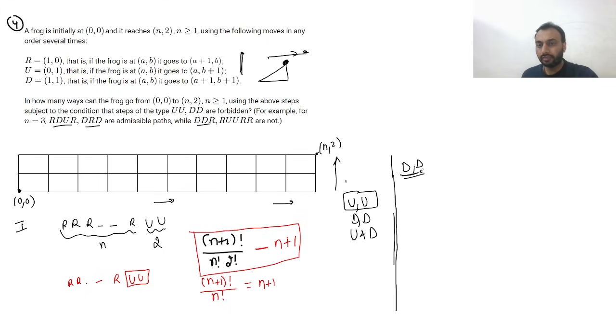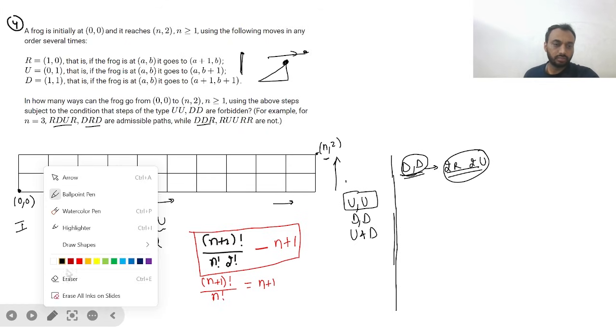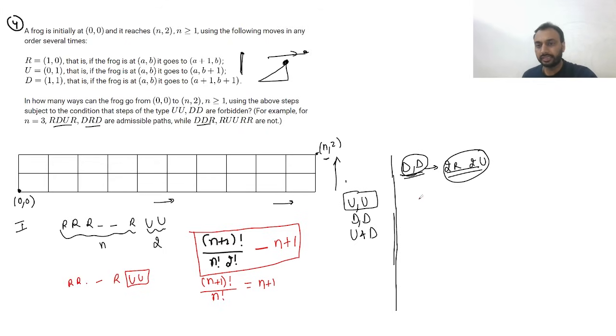So if we are using 2D, we have already covered 2 steps to the right and 2 up steps. The total right steps is n, so we need n minus 2 R's and 2 D's.